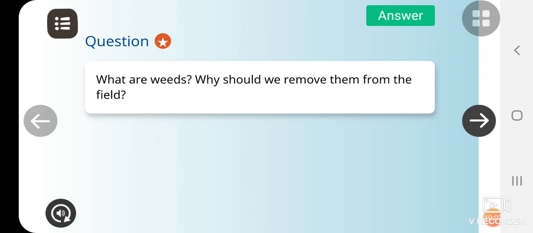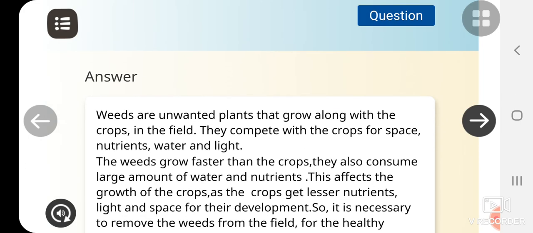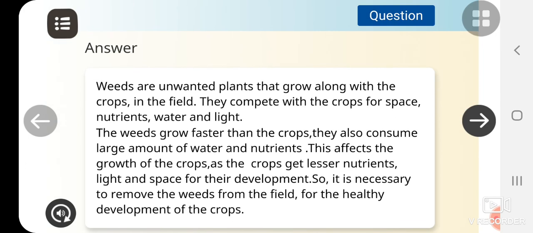What are weeds? Why should we remove them from the field? Weeds are unwanted plants that grow along with the crops in the field. They compete with the crops for space, nutrients, water, and light. The weeds grow faster than the crops.